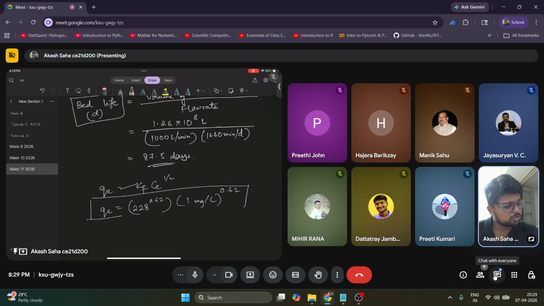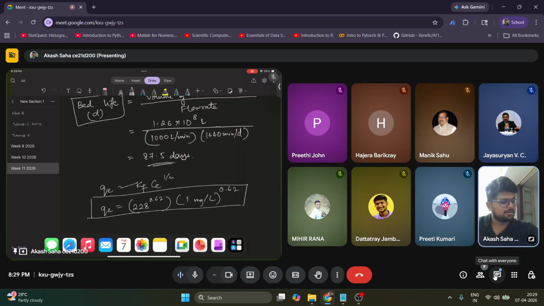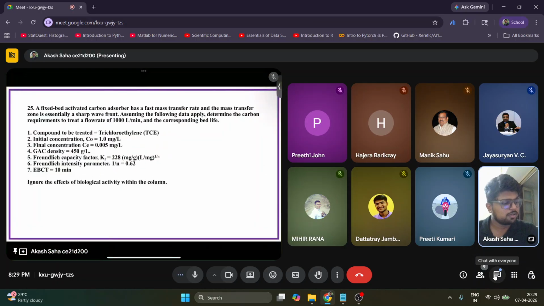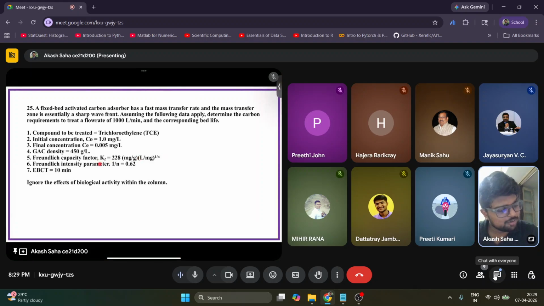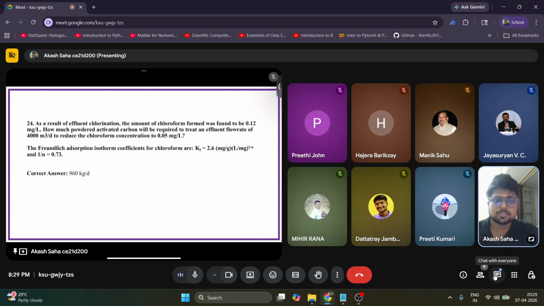Okay, so the KF value is given here. It's not the QE value. If you see here, this is the value of KF, not the CE value. And similarly, the previous problem also. Is there any doubt? Okay, so here also, the KF value is 2.6 to the power 1 by n.